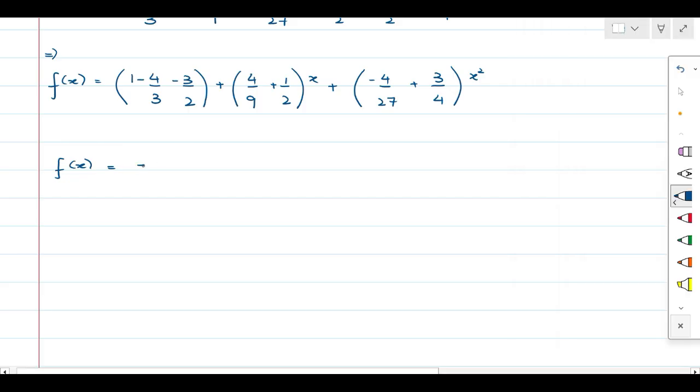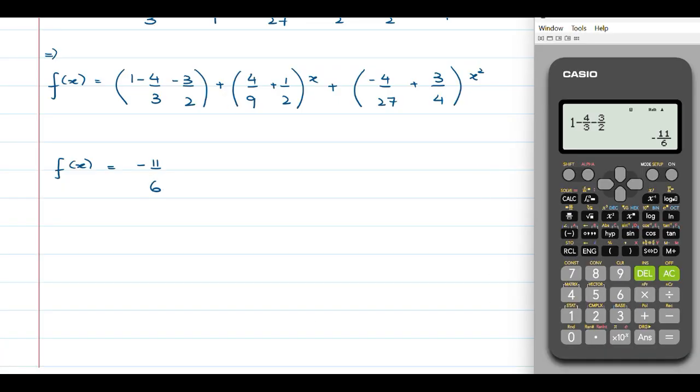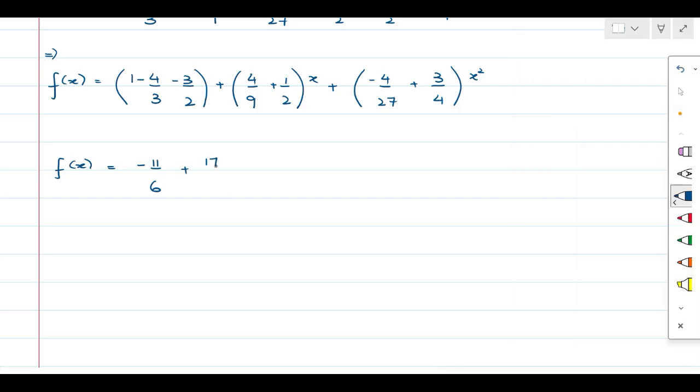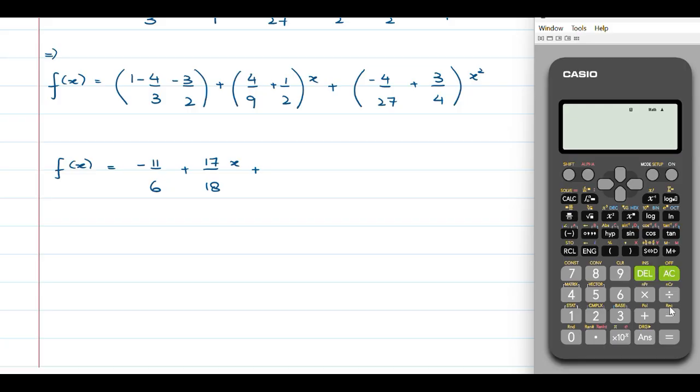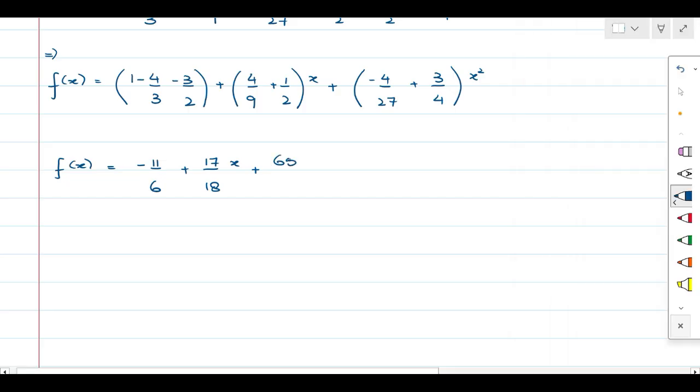negative 11 over 6. Okay, 4 by 9, and then we add 1 by 2, 17 over 18, 17 by 18 x, and the last term, the x square term, is negative 4 over 27 and then positive 3 by 4. 65 over 108. 65 divided by 108 is the coefficient of x square.